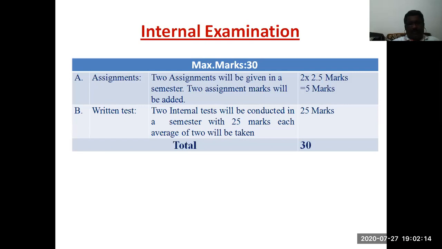After completing 40% of the syllabus, the first internal test will be conducted, and after 80% of the syllabus, the second internal test will be conducted. The average of the two internal tests will be considered for the final award of marks.